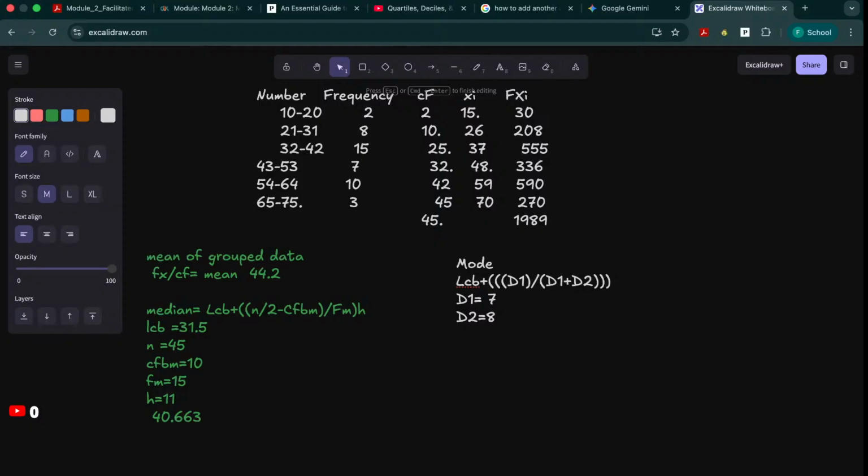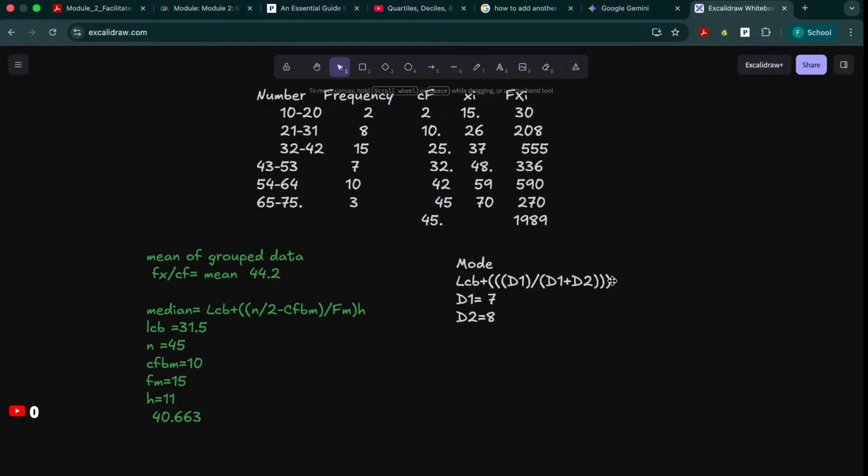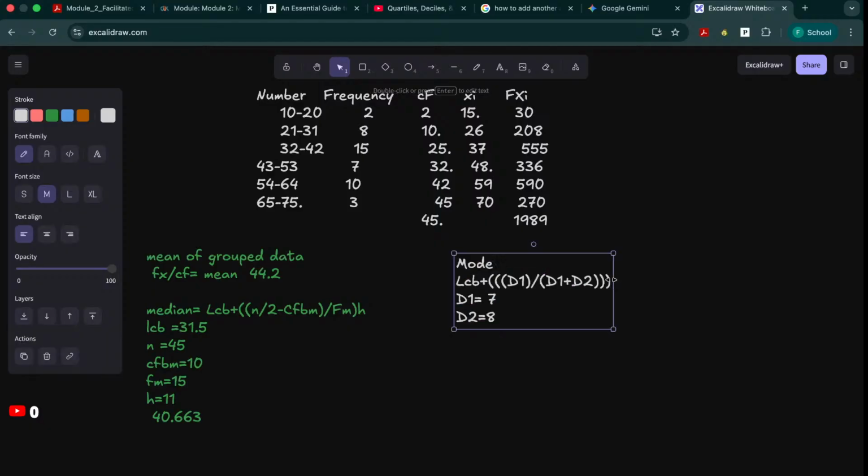Then we just input, here I forgot to add the class boundary, which is H, to this formula, but the only thing that is changing is these deltas. And our class boundary, we remember we got it here as 11.